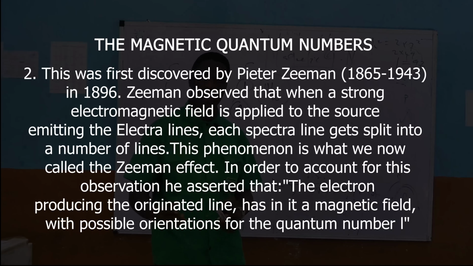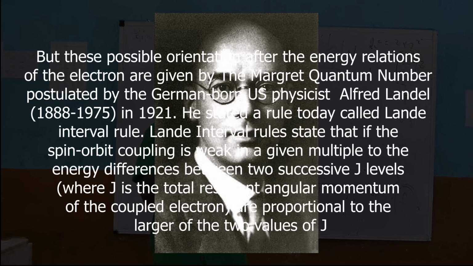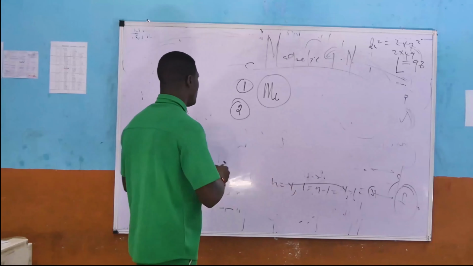This phenomenon is today known as the Zeeman effect. In order to provide an explanation for his observation, Zeeman asserted that the electron that is producing these lines has indeed a magnetic field with several possible orientations for the same azimuthal quantum number. This was eventually authenticated by Landau. That is point number two.